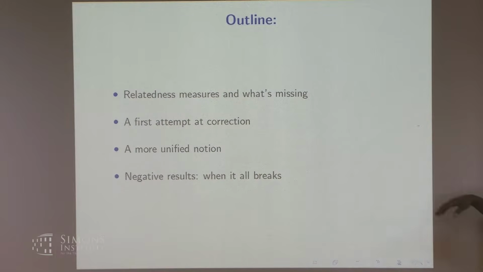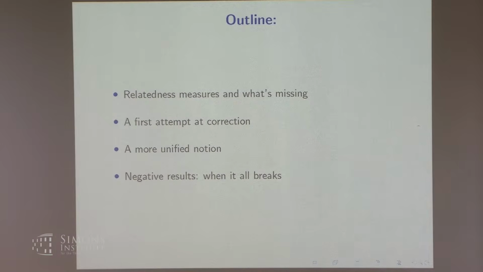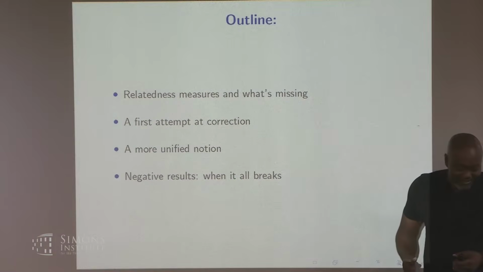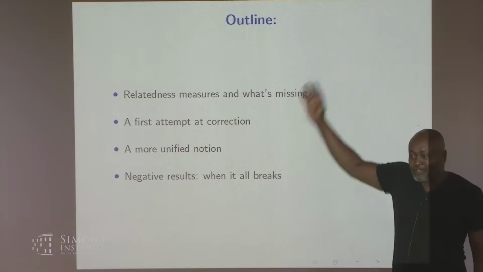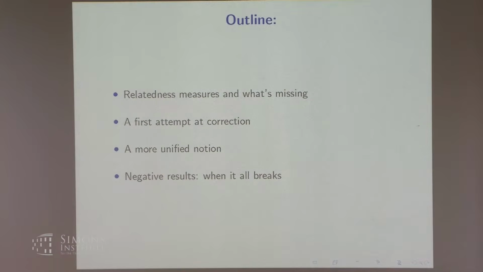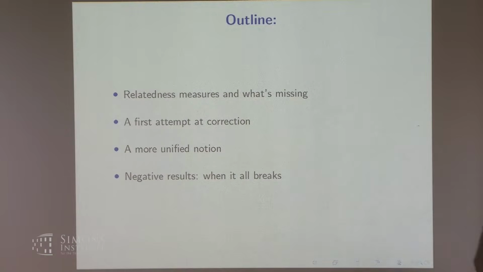Then I'll get into negative results for about 5 to 10 minutes. And these negative results are really just a way of trashing my own work at the end and telling you everything that's not good about it. So I hope that's clear, what we're doing.